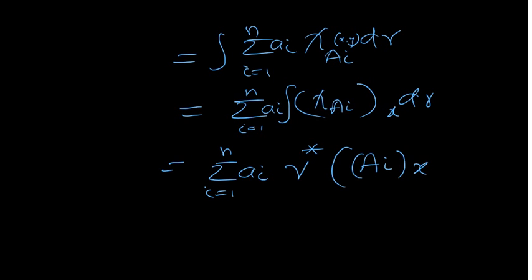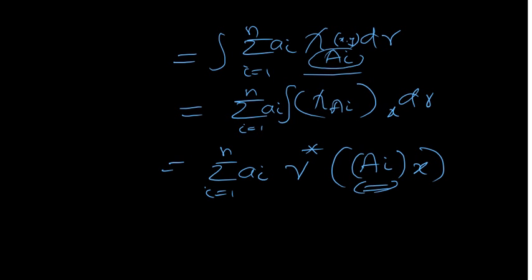A i x. Okay, and we know that this nu star of A i x defines an integrable function by the previous theorem, and we know that the finite sum of integrable functions is again an integrable function. Also we know that the measure of this set is finite, because this phi n is a step function, so these sets A i have finite measure over the product space.